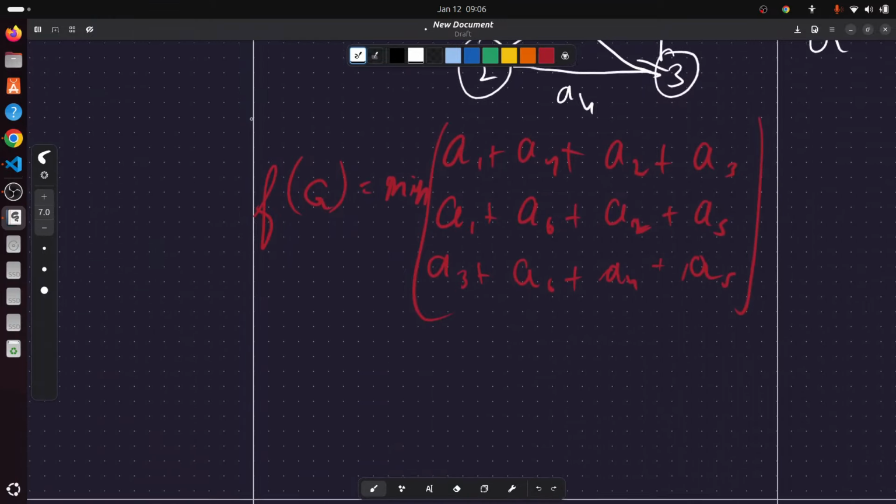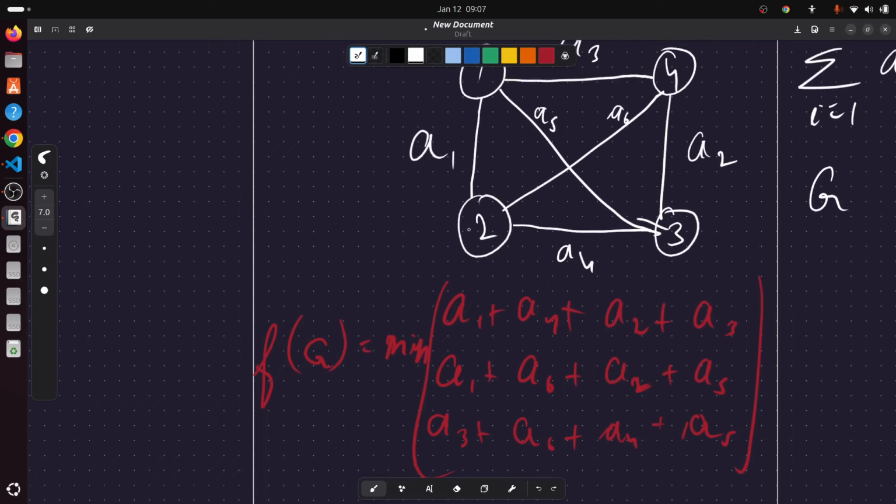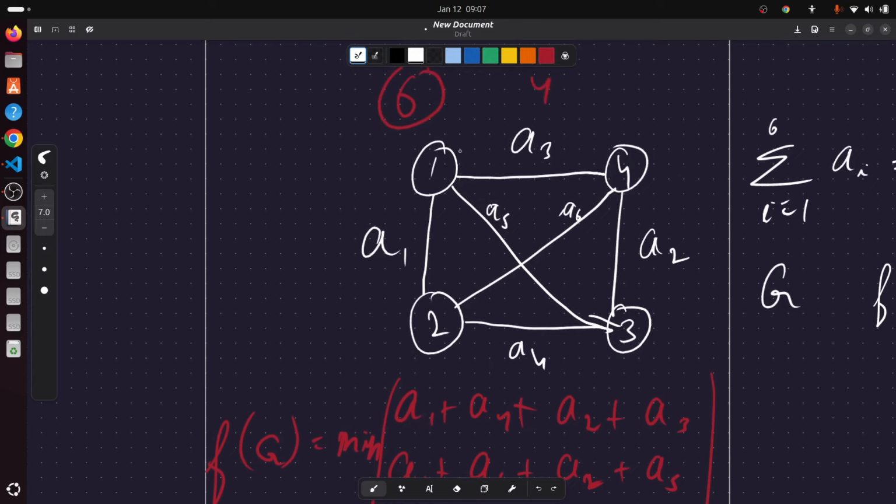So to make our lives easier, actually we can write these numbers as total minus what we left. Okay, like a1, a4, a2, a3. So in this we are not taking a5 and a6, right? Like if we have this cycle, then we took all the weights except for a5 and a6, right?